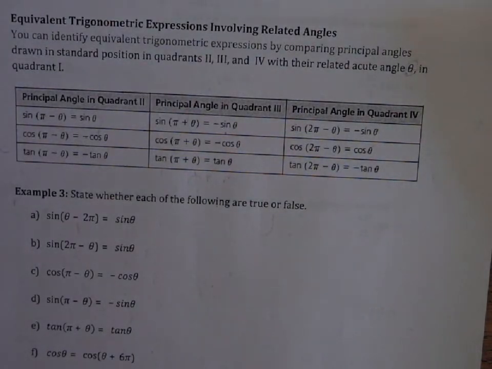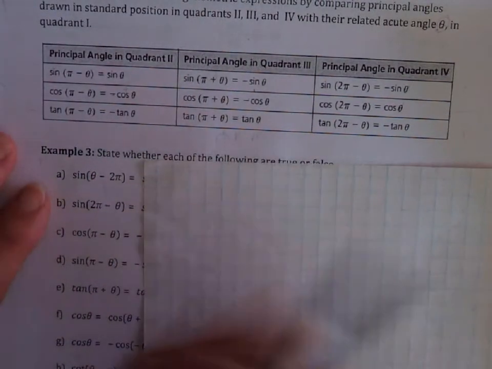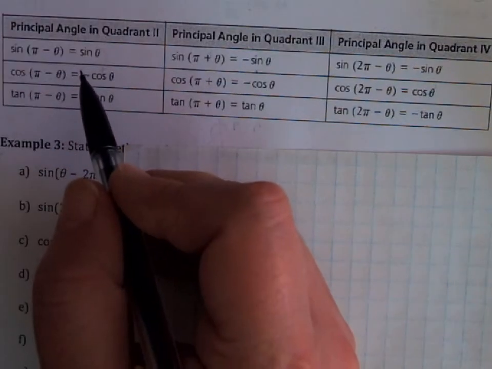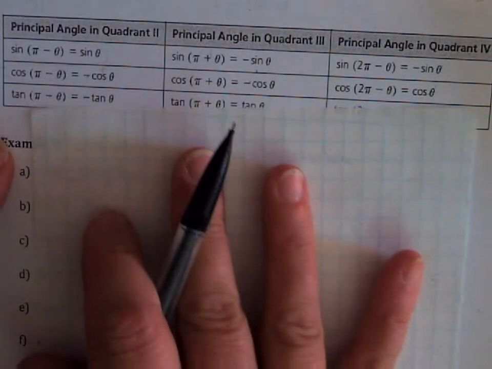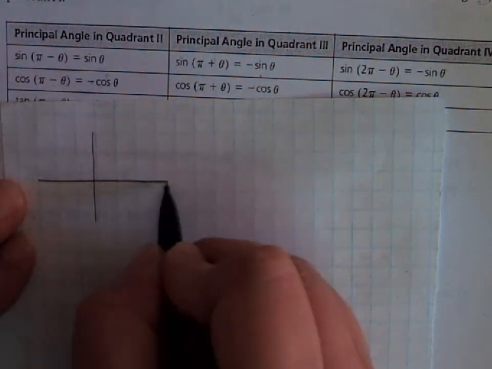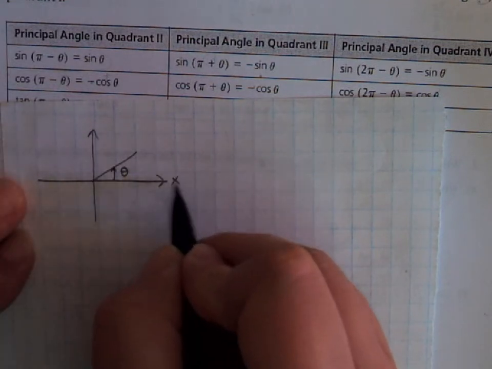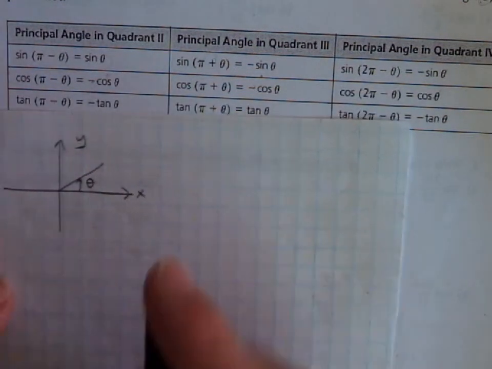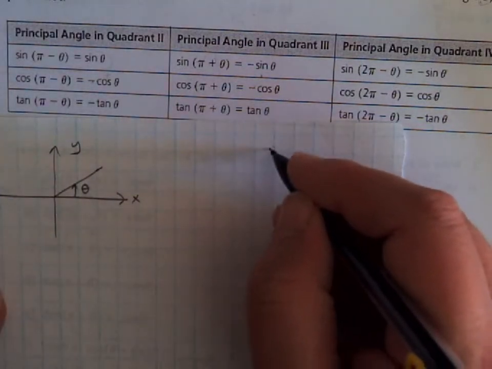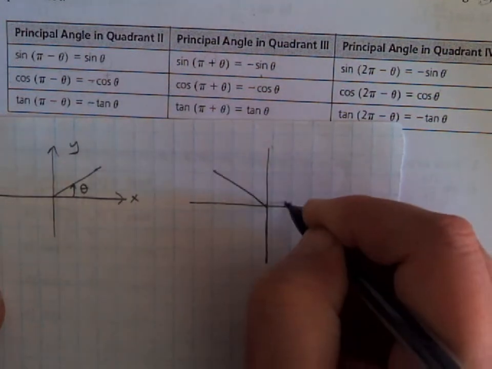So let's draw these. So again, theta is an acute angle in quadrant 1. Then pi minus theta is going to be in quadrant 2, right?